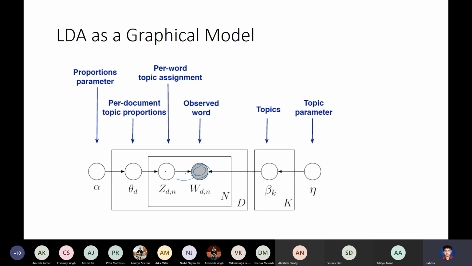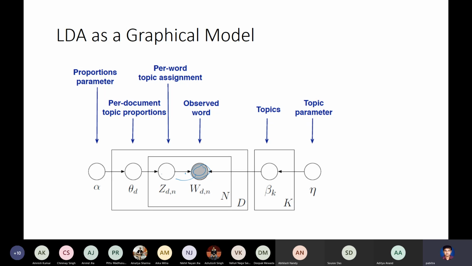What are the other random variables? The other random variable is the topic, one of the topics assigned to document D, and this topic has been generated from a topic distribution. So ZDN is the topic associated with the nth word in document D. I'll explain with an example. So this is another variable.